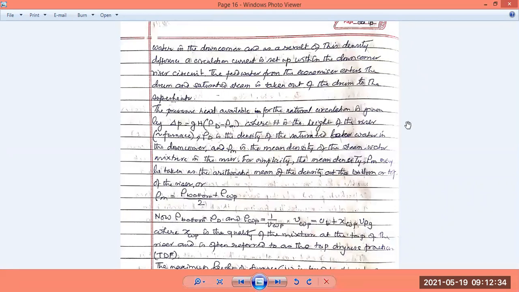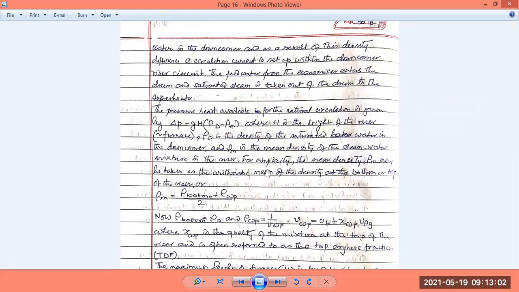The pressure head available for natural circulation is given by delta P = g × H × (rho_D − rho_M), where H is the height of the riser, meaning inside the furnace itself, rho_D is the density of the saturated water in the downcomer, and rho_M is the mean density of the steam-water mixture in the riser.